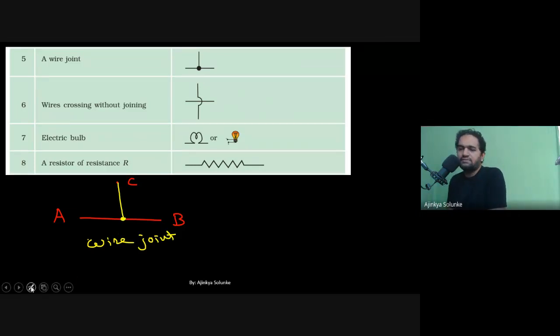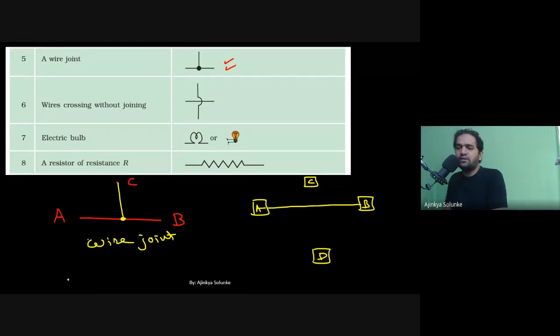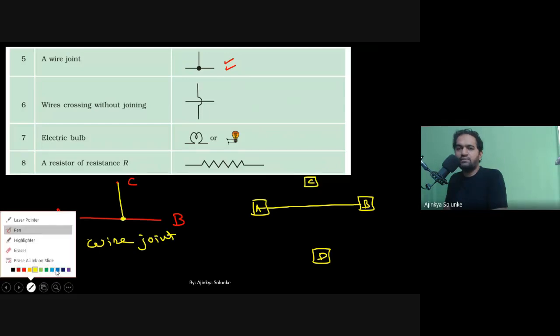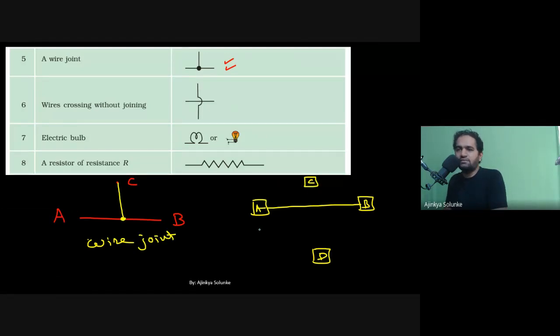Now the second case, this is the first one. But it might happen that due to complexity, suppose I have one device here, one device here, and another device here. This is my A device, this is my B device, this is my C device, and there is one D device here. I want to connect A and B, and I want to connect C and D, but I don't want any connection between them.